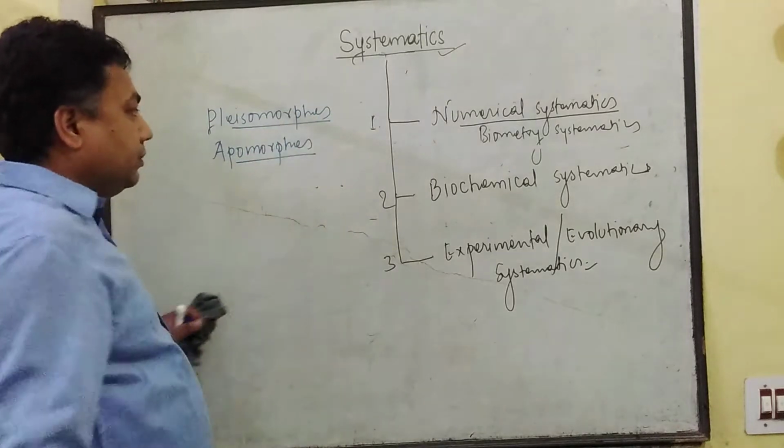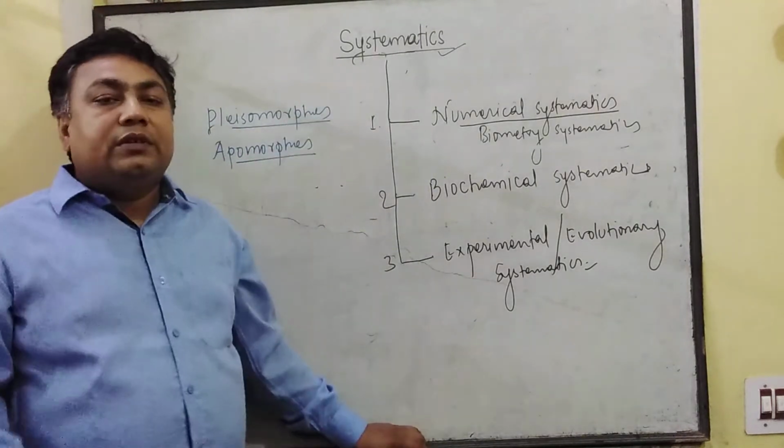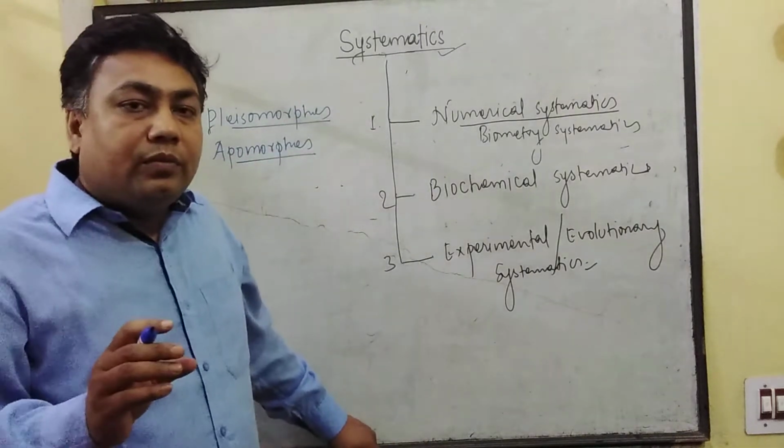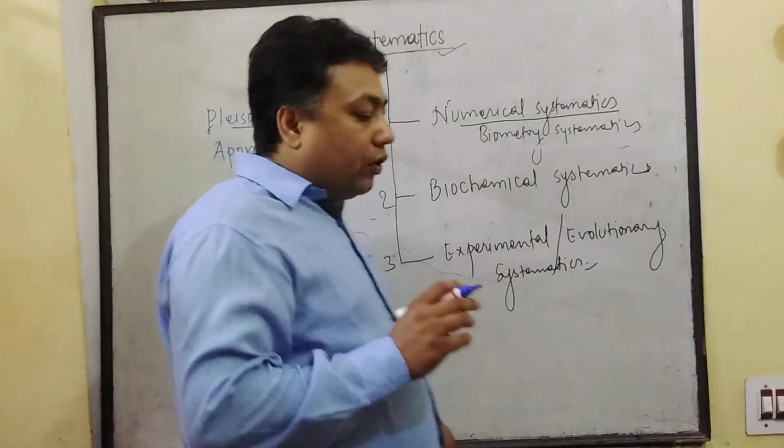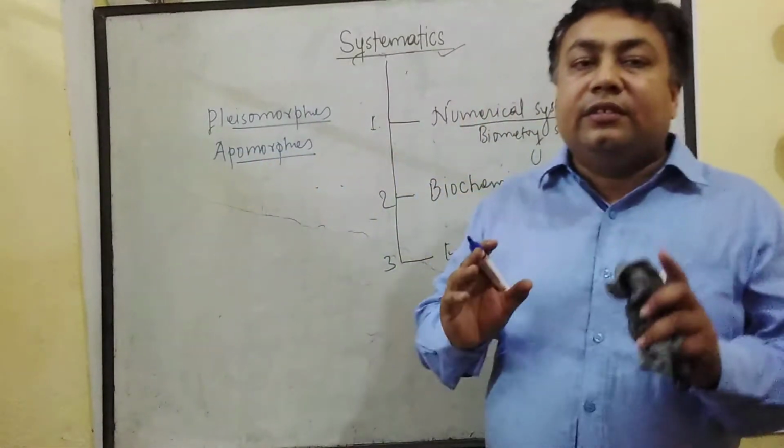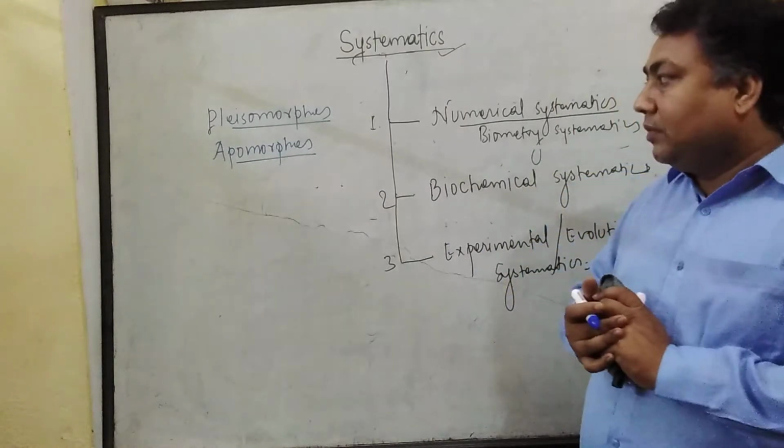What are these two terms? Plesiomorphous is the term which we use for the shared ancestral characteristics.